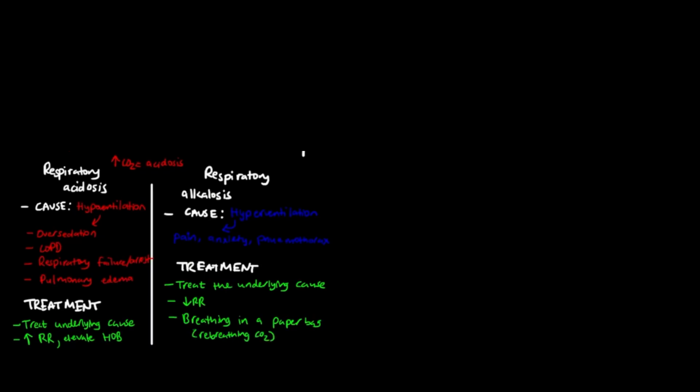This is going to help increase the level of carbon dioxide within their blood to help stabilize them and remove them from a state of alkalosis. But we don't want them to breathe in too much of the carbon dioxide, because if the carbon dioxide level is greater than normal, that's going to put us in a state of respiratory acidosis.